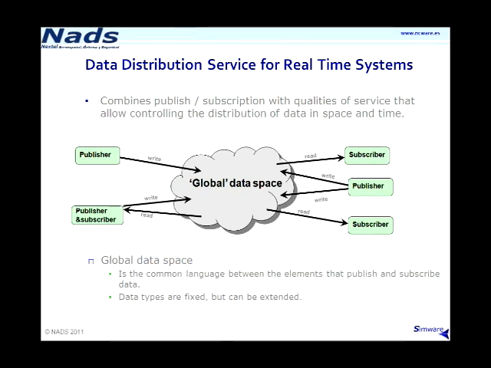This only leaves as a problem to solve how to deal with the net and its possible problems. This part is solved with quality of services. Quality of services allow control of how the data are distributed in the space, the net, and in time: not before, not after, caducity of data, etc. Also, these quality of services are local properties of each element, publisher and subscriber, what is called in DDS an instance.